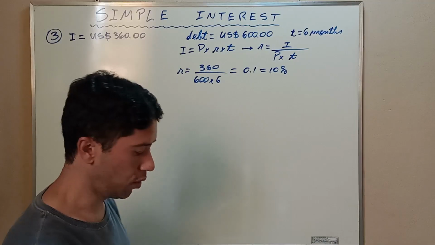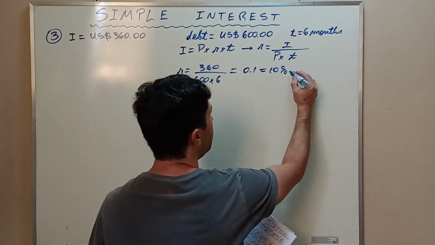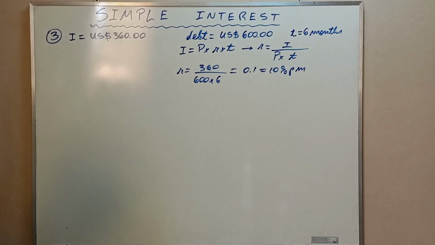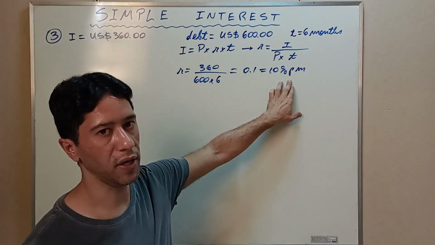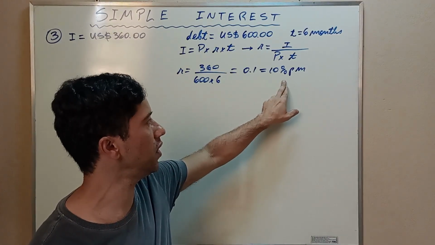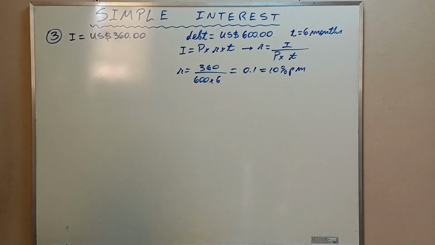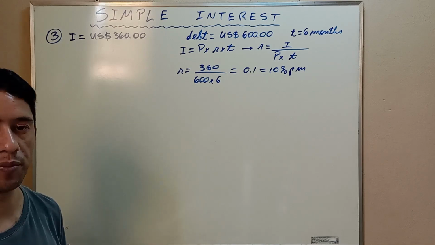This is per month. The exercise wanted us to calculate the monthly interest rate, not on a per year basis. Okay, it is on a per month basis, the monthly interest rate. Okay, so the monthly interest rate applied by the bank is 10%. Okay, this is all for exercise number 3.